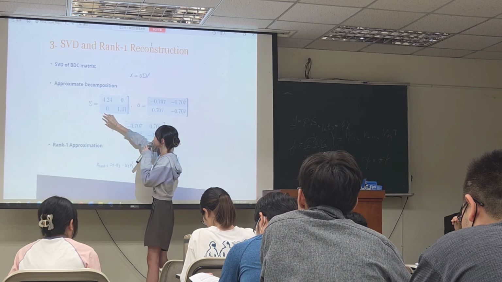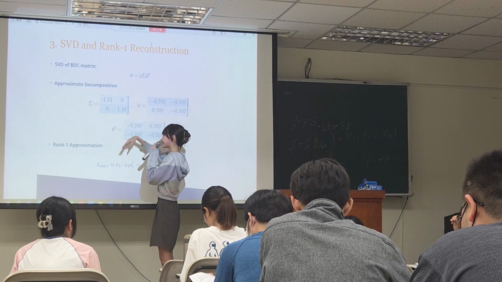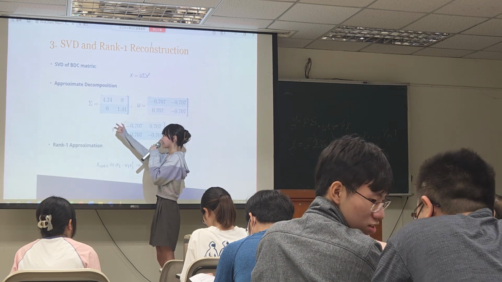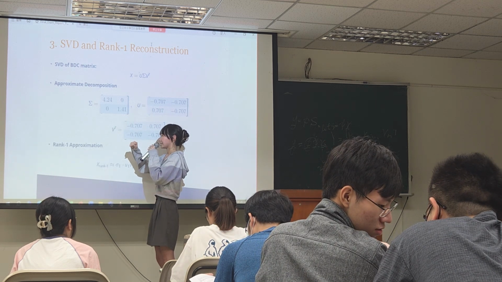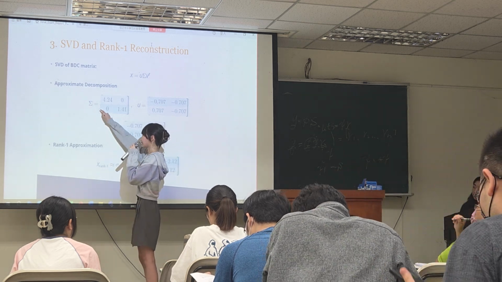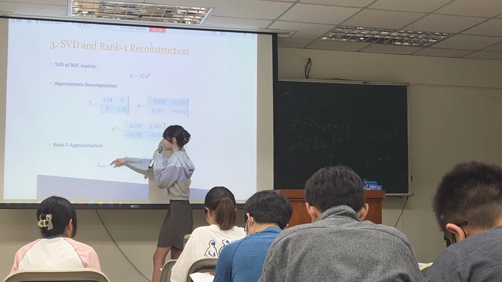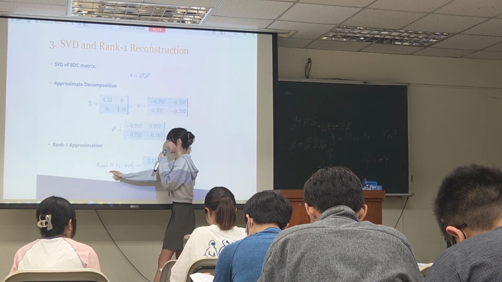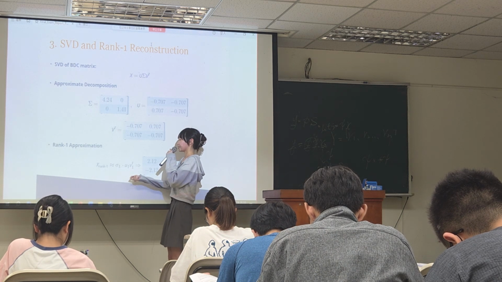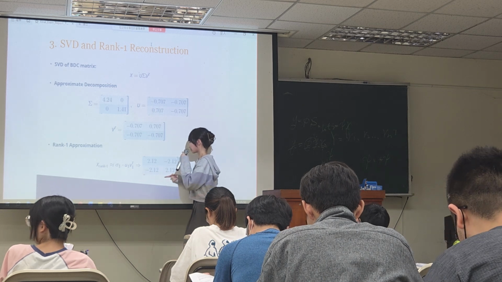This sigma is the matrix of eigenvalues, and the eigenvalue, taking the square root, gives the singular value. So this is the BDC matrix singular value. And rank 1 approximation is where we take the maximum singular value to do the calculation.